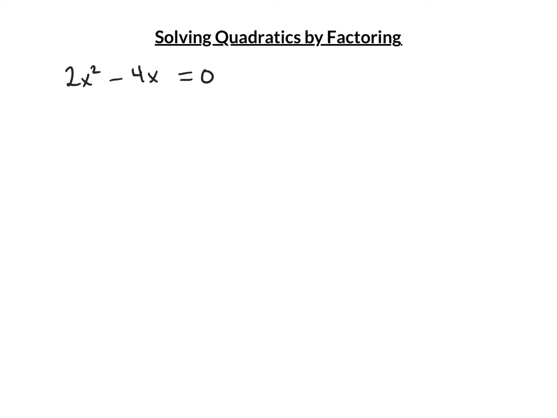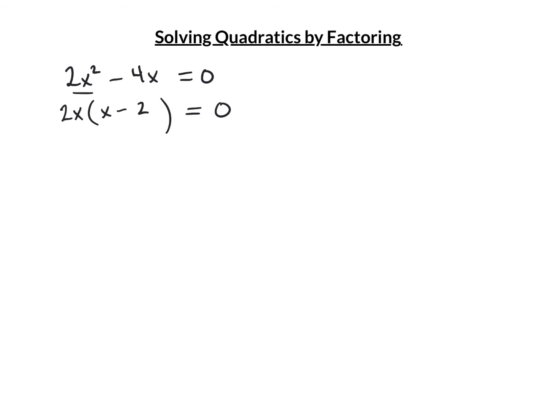The first thing you're supposed to always look for is the greatest common factor. 2x squared minus 4x both have a common factor of 2x. So I'm going to factor that out. I'm thinking distributive property. 2x times x is 2x squared, minus 2x times 2 is 4x.